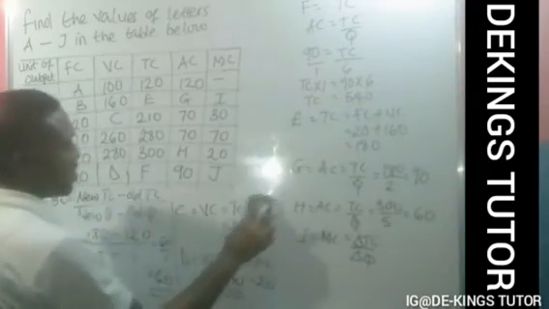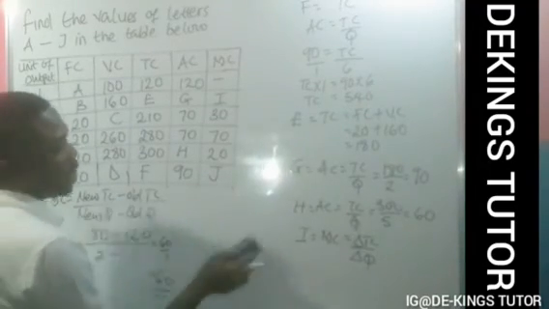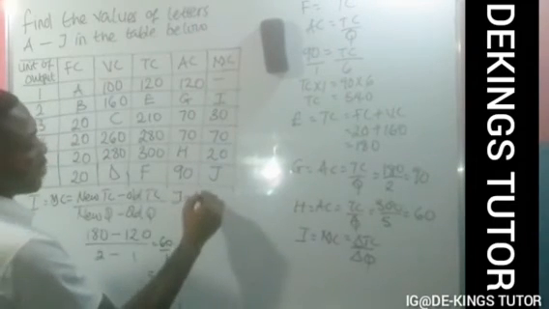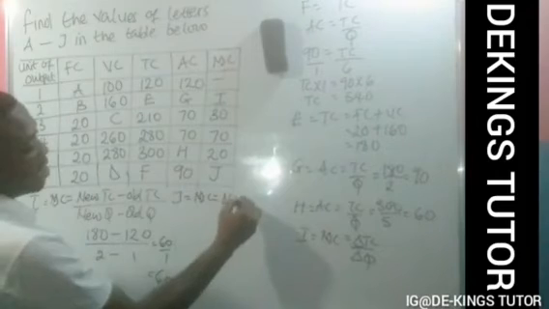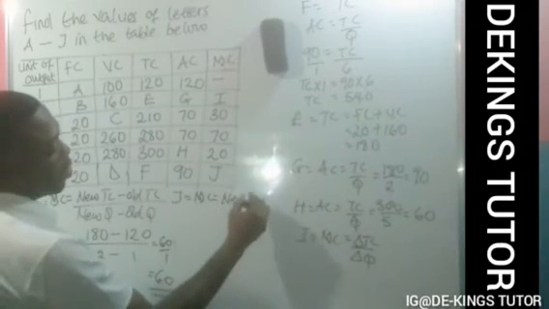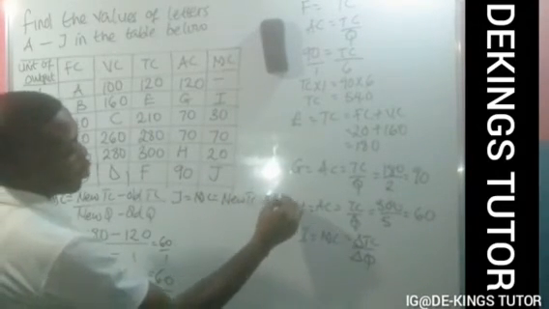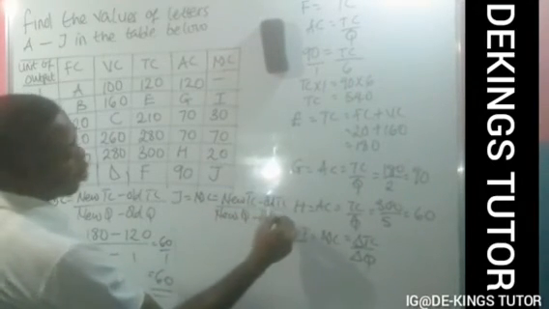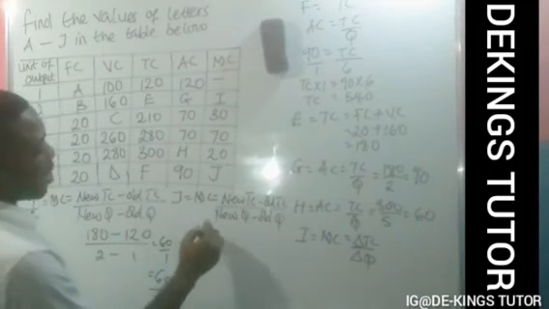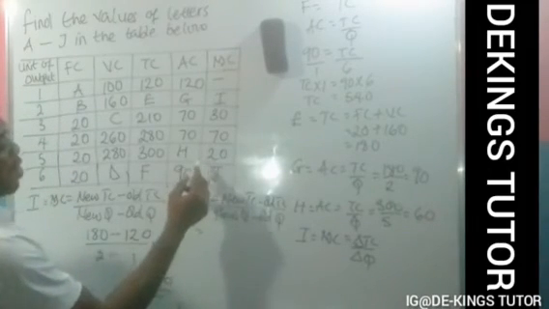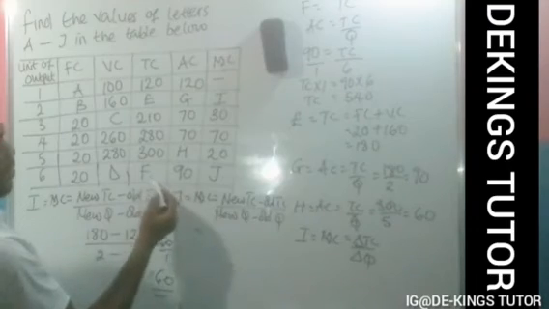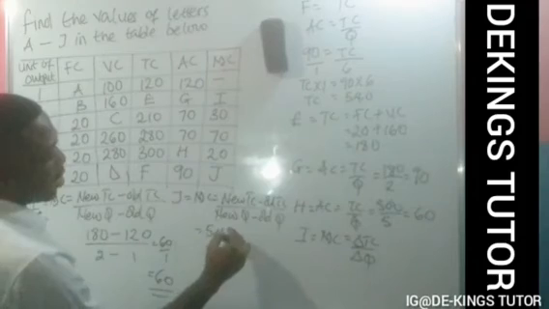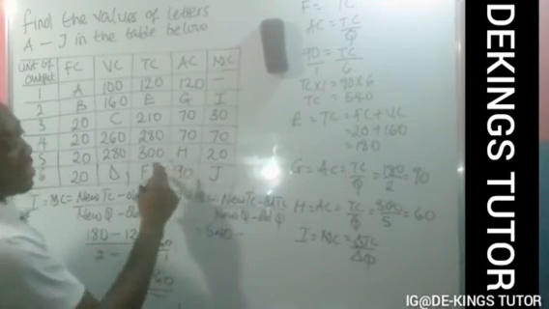Then the last part, which we are going to do now, is J. It's the marginal cost for G, the same thing: new total cost minus old total cost, over new quantity minus old quantity. The new total cost for J is F, and we have solved for F as 540, minus the old, which comes before this, which is 300.